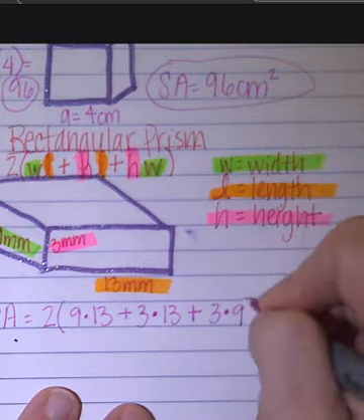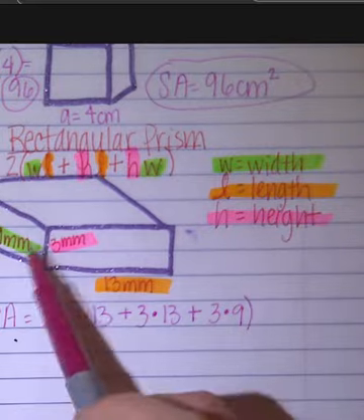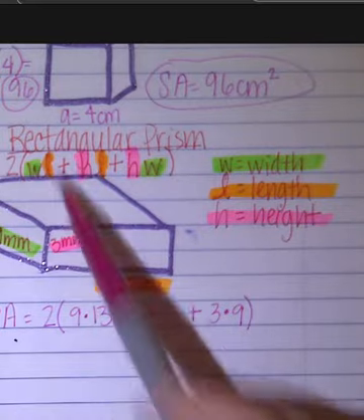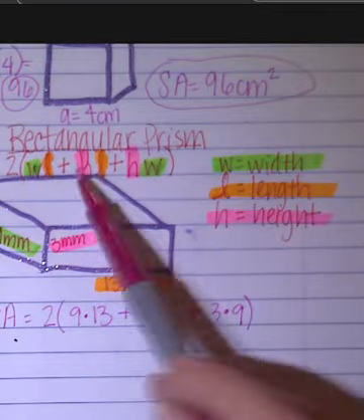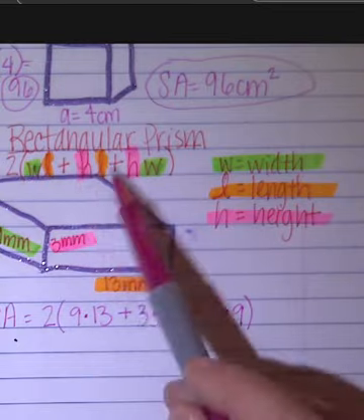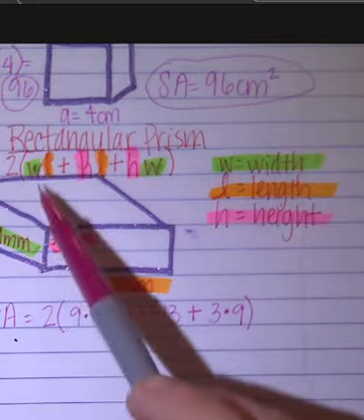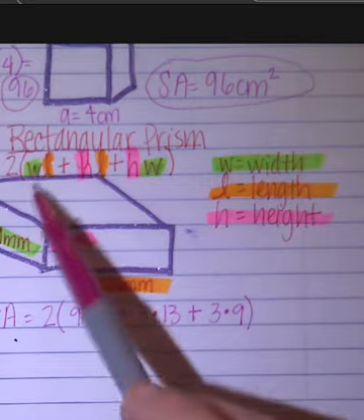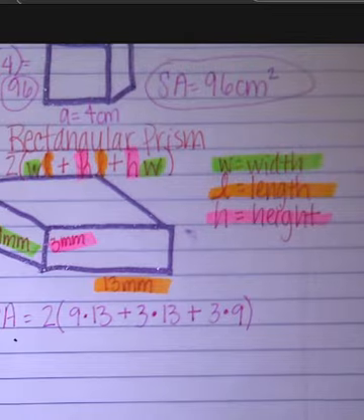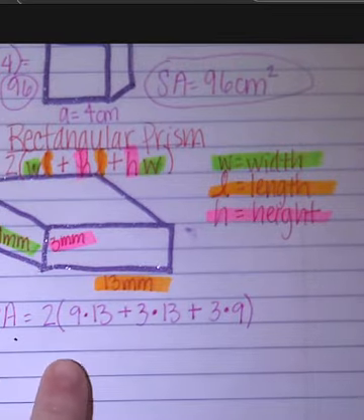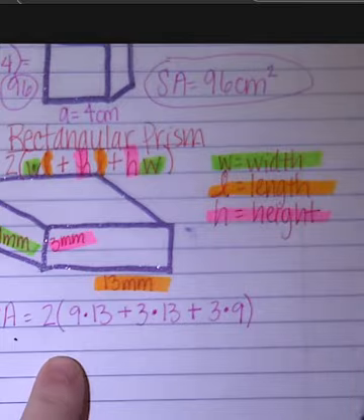So all I did there was I just substituted my values in for the different things. The height I put in here, the length I put in here, and the width I put in where the width is. So it can get a little confusing. That's why color coding is always okay. Checking again is always okay.